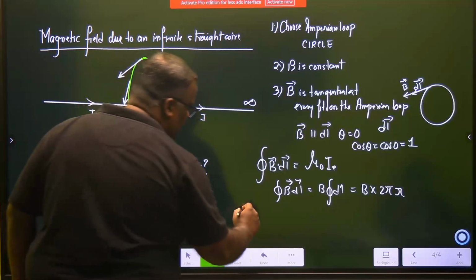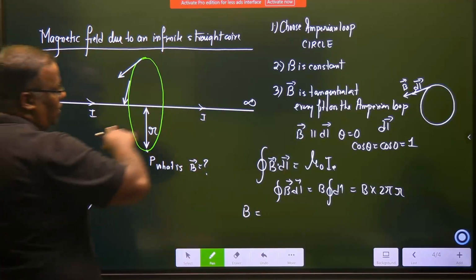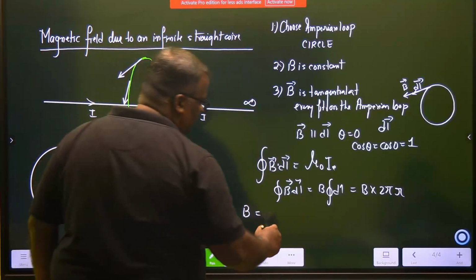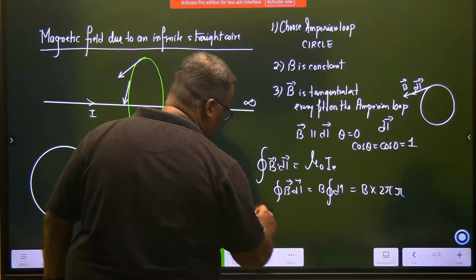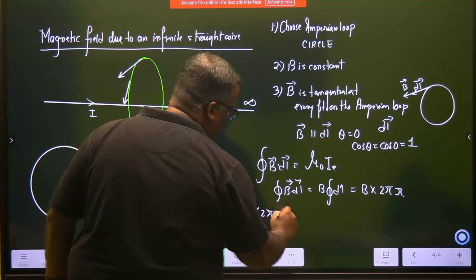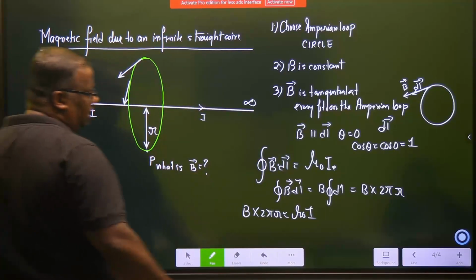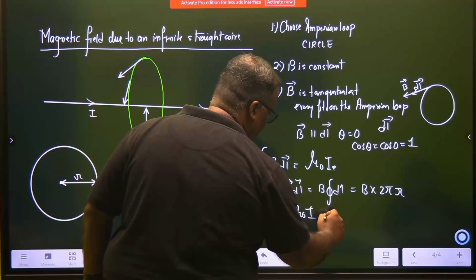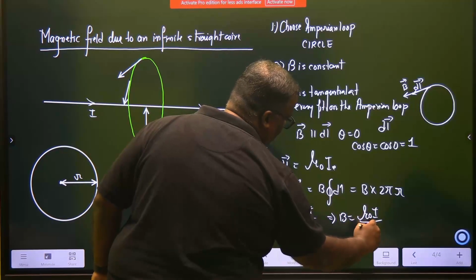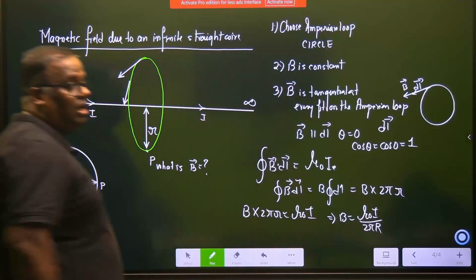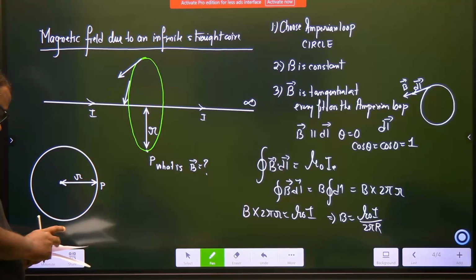That means the magnetic field due to an infinitely long wire will be how much? So if you bring up Ampere's circuital law, B into 2 pi r is equal to mu naught times, what is the current enclosed? The current is the I that is flowing. Therefore, B is equal to mu naught I by 2 pi r. This is the magnetic field due to an infinitely long current carrying straight wire.